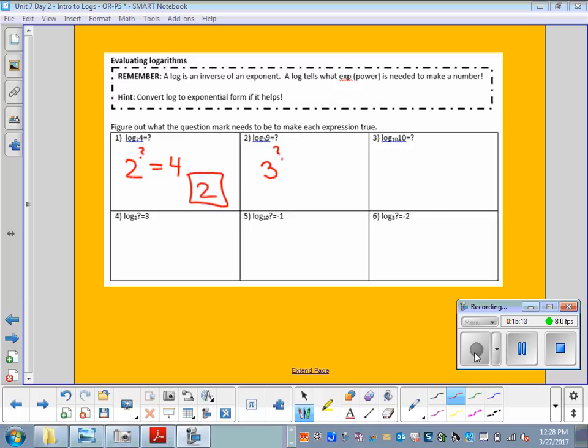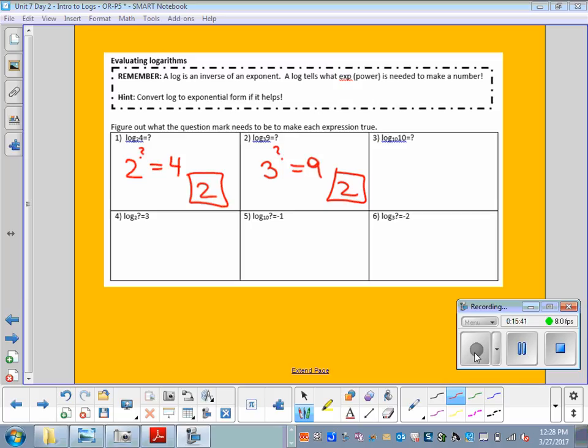The new argument is the question mark equals 9. See, I'm changing the argument and answer. So what would this question mark be? 2. The log base 3 of 9 is 2. We are representing 9 as 3 to the power of 2, converting the number into the new format in terms of this base number.